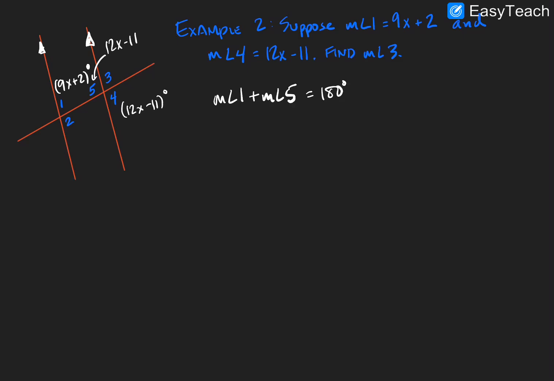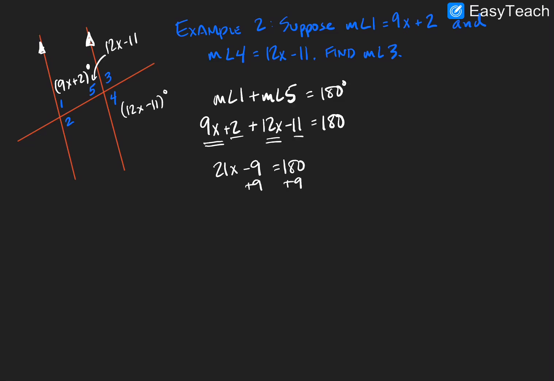So now if I substitute these algebraic expressions into this equation, then I should have something I can solve. So I'm going to say 9x plus 2 plus 12x minus 11 should equal 180. And then I'm going to combine my like terms, so 21x, and then minus 9 equals 180.